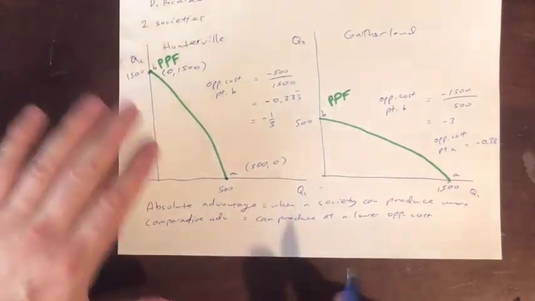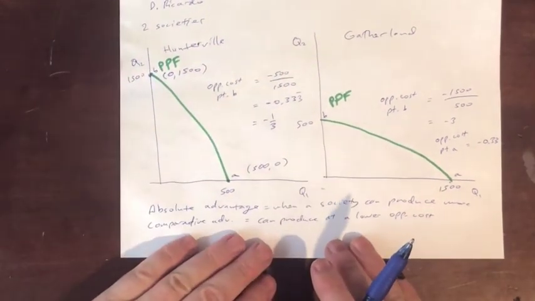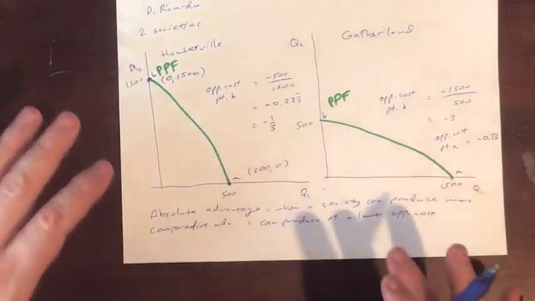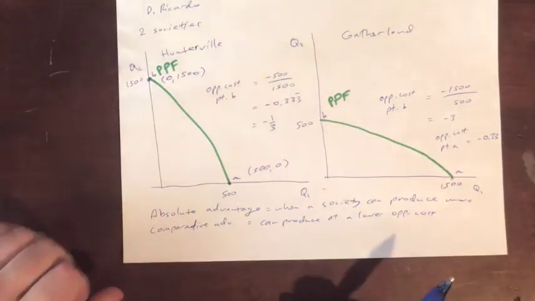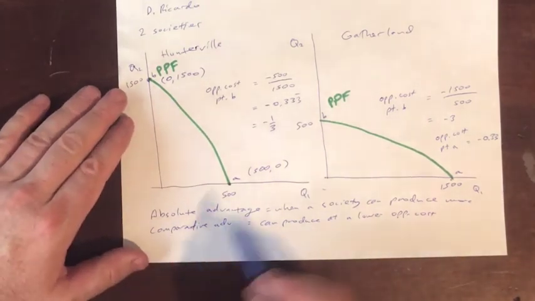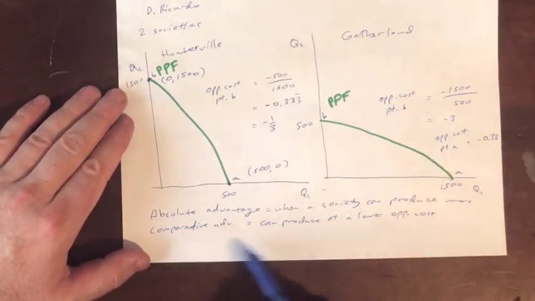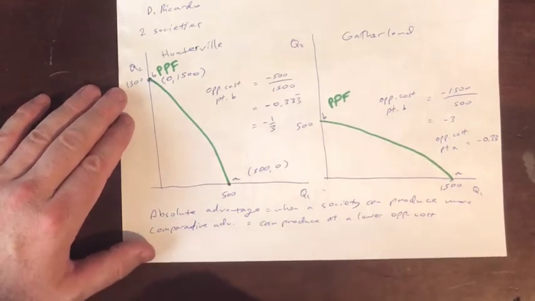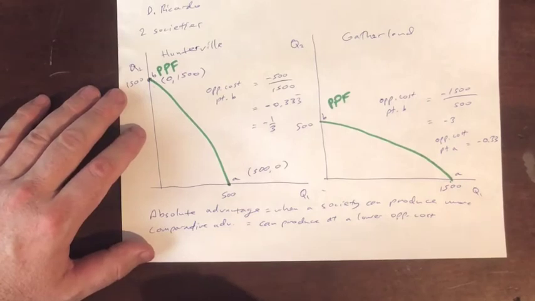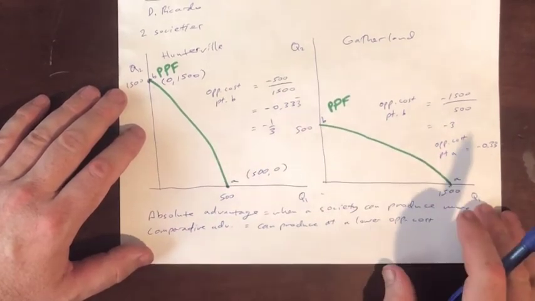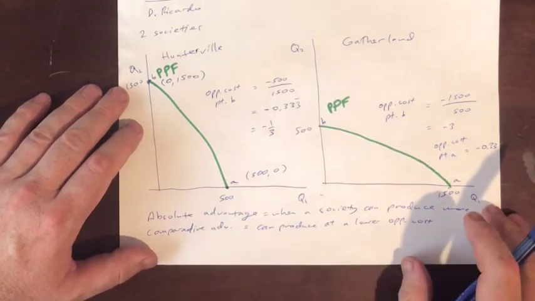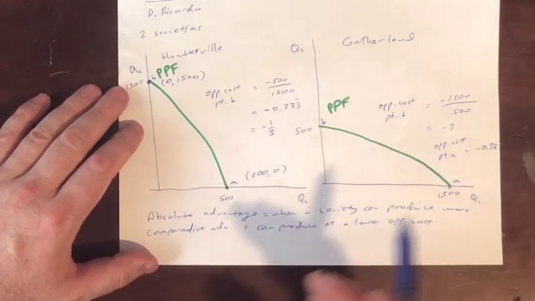So comparative advantage is when you can produce at a lower opportunity cost. Absolute advantage is just that the total number you can produce is bigger. What we can see here is that each society has a comparative advantage in producing one thing versus the other. And Ricardo's argument was that a society should produce where they have a comparative advantage, and then they should trade.